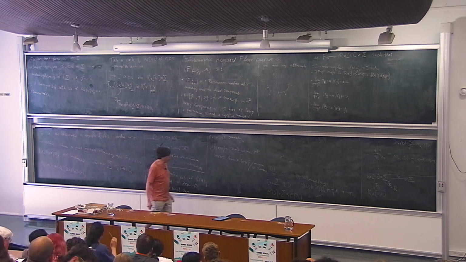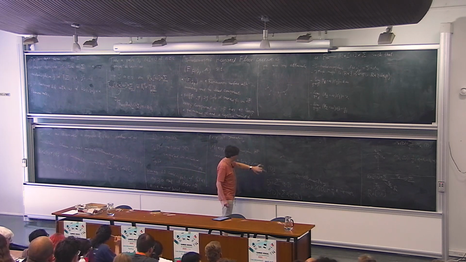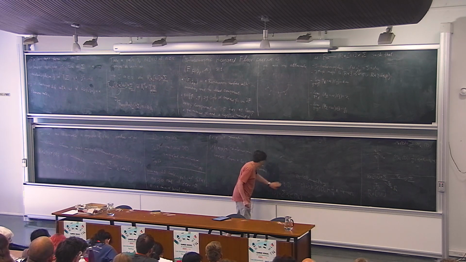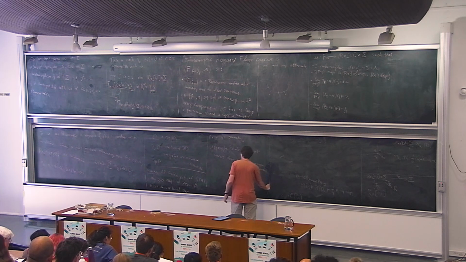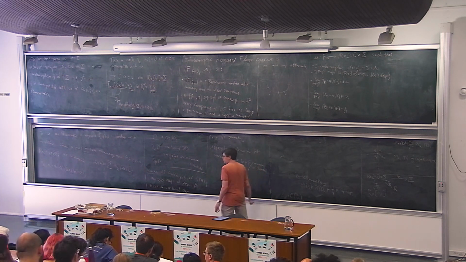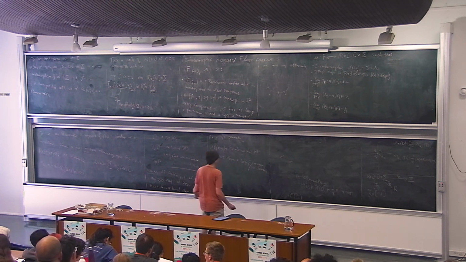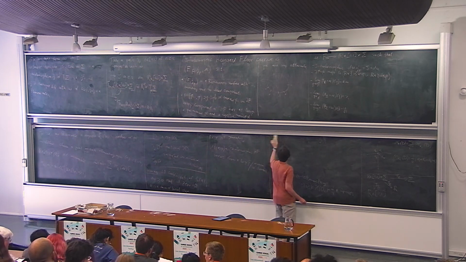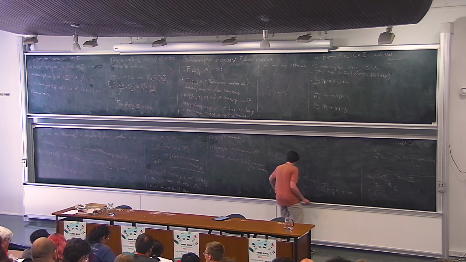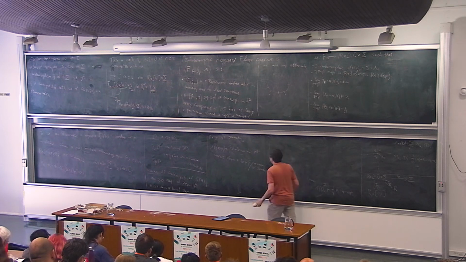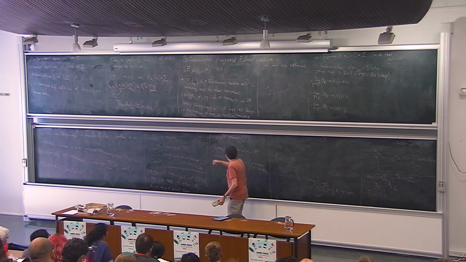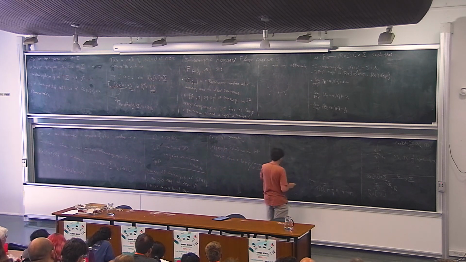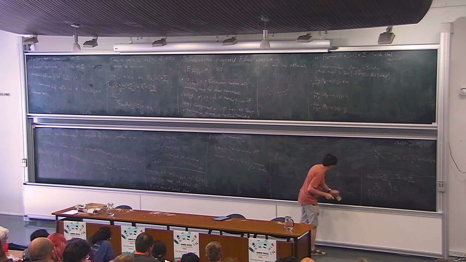So for this reason, we divide by reparameterization of the domain. This object is called the moduli space, but we want to decompose it into different components where we have more control on the topology of those curves.